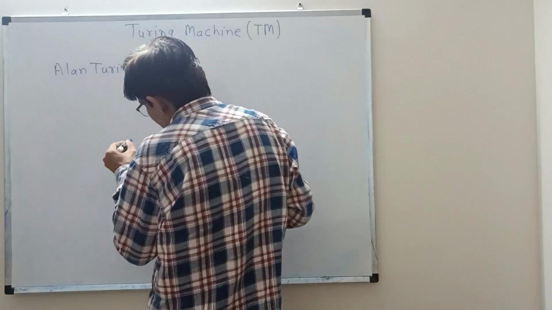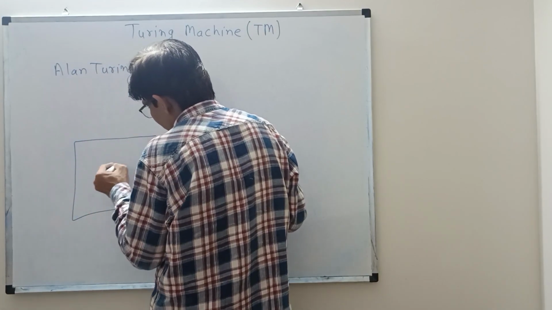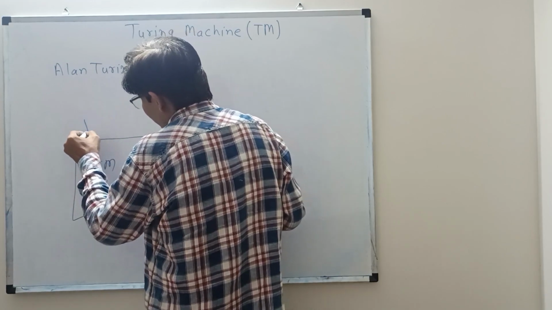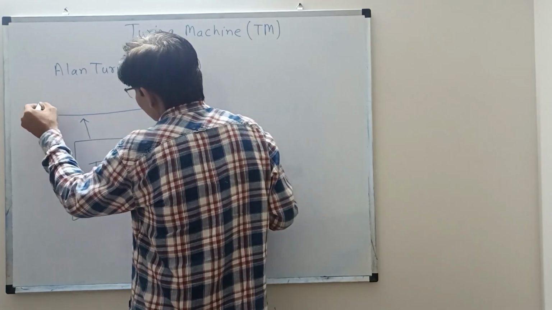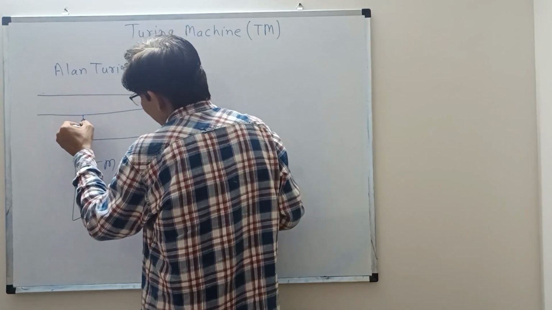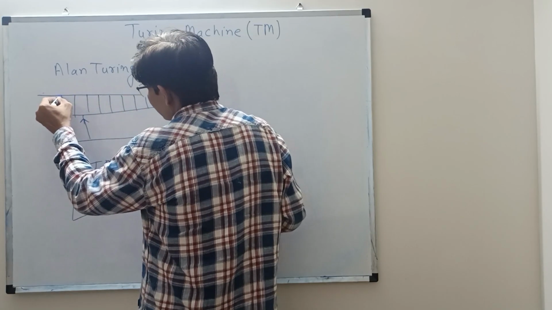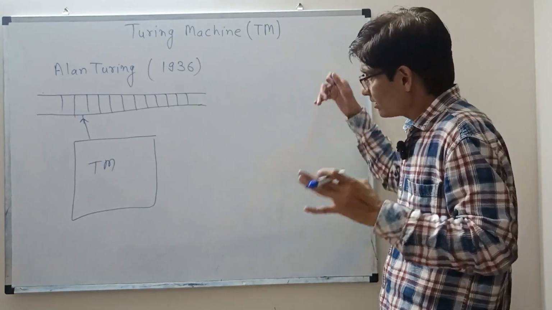So friends, suppose this one is your Turing machine. It has one head, and it also has one tape. This tape is divided into different locations like this, and it is infinite at both ends.